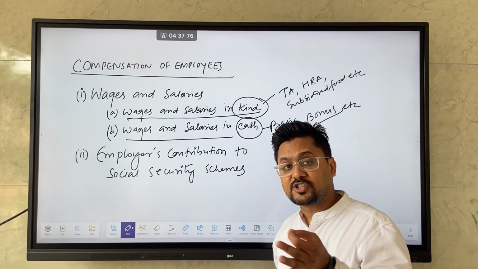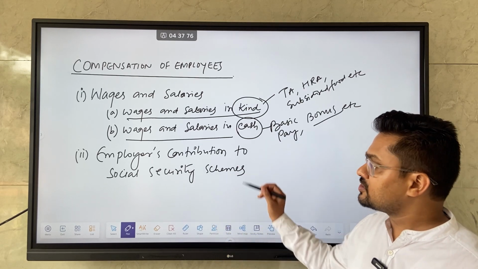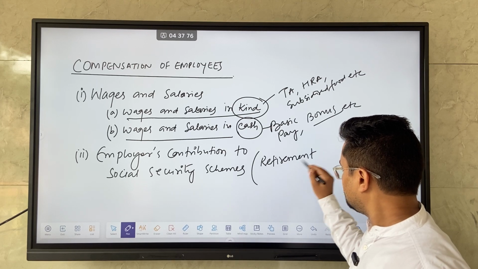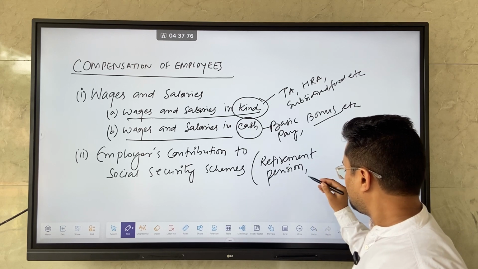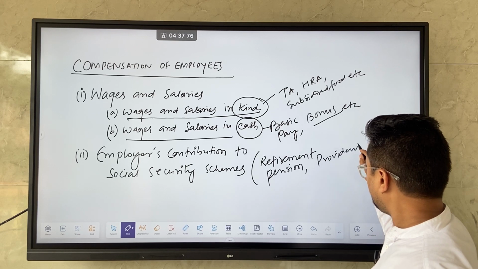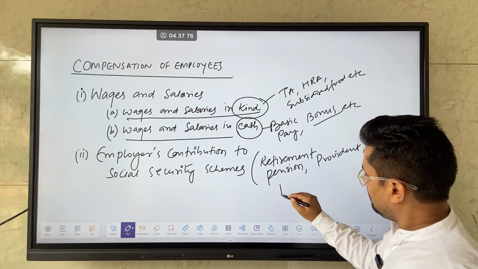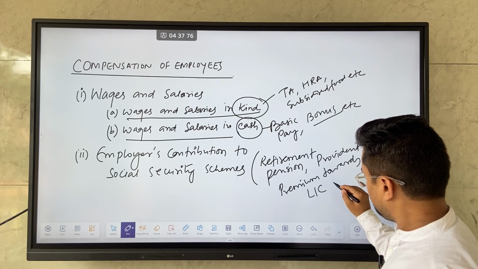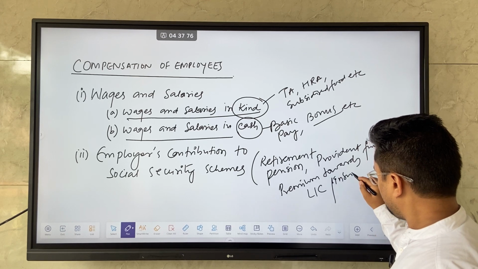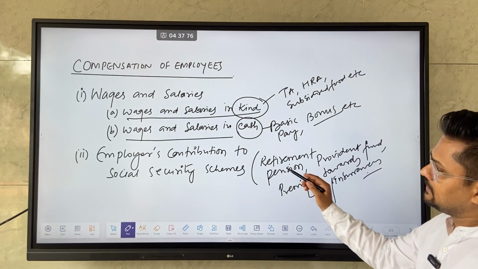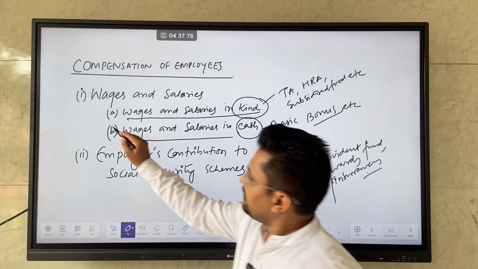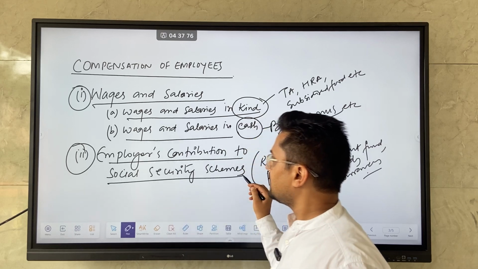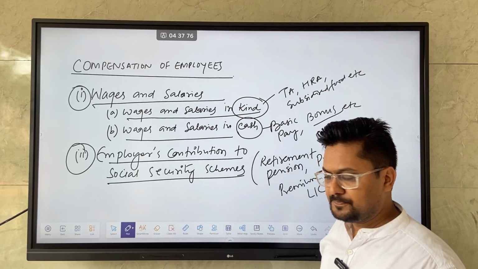In fact, retirement pension is also an example of employers' contribution to SSS. So when we add item 1 and 2, that is wages and salaries and employers' contribution to SSS, what we get is compensation of employees.